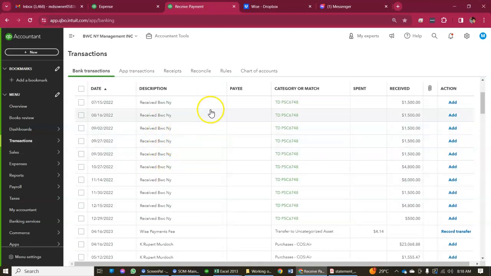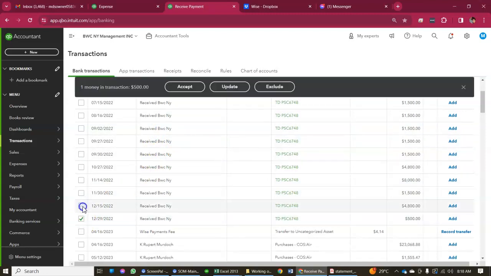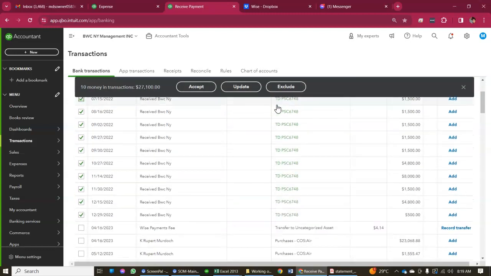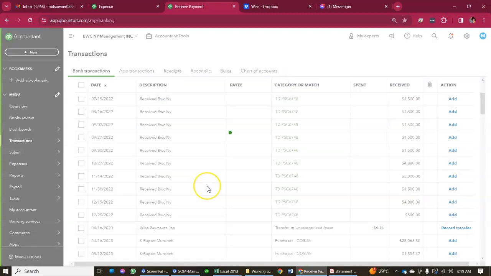We will exclude this one because this is already, the 2022 is already reconciled. We don't have to go back on this. Okay. I'm not sure why this is appearing. So let's just exclude this one in a way.